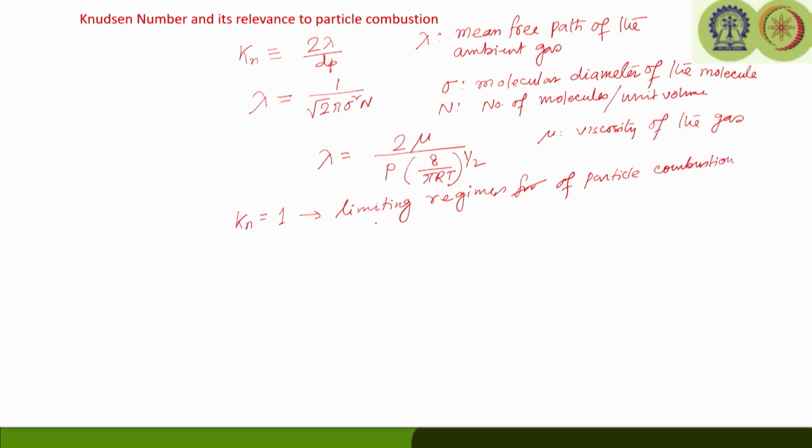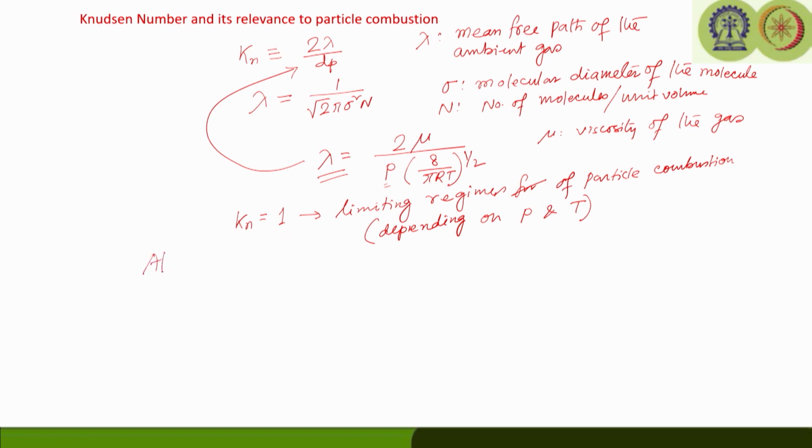Of course, that depends on pressure and temperature, because in our mean free path equation from kinetic theory of gas, we are writing 2 mu by p into (8 by pi R T) to the power half. So pressure and temperature relate to the mean free path, and that way to the Knudsen number, 2 lambda by dp. So, the limiting regime can be considered as Knudsen number equal to 1.